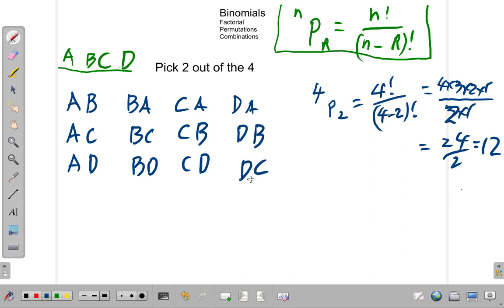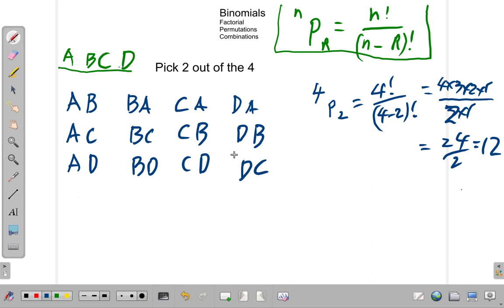There's no letter remaining for us to choose first. We've used up all the letters we have, A, B, C and D, as the first letter. And for the second letter, we have A B, A C, A D. There's nothing more. B A, B C, B D. There's no other letter for us to put with B. Same thing for C and D.